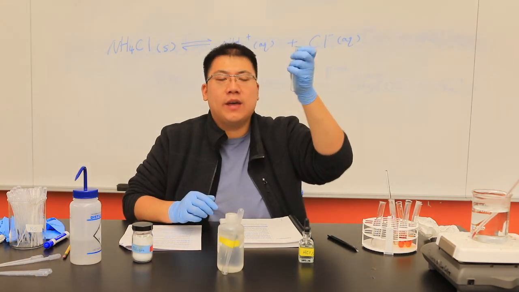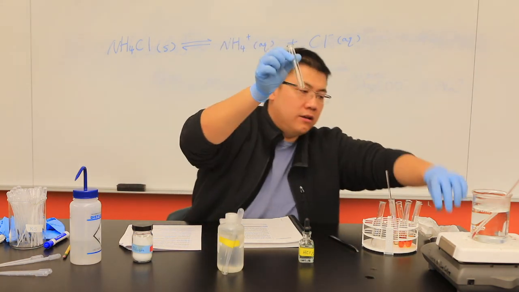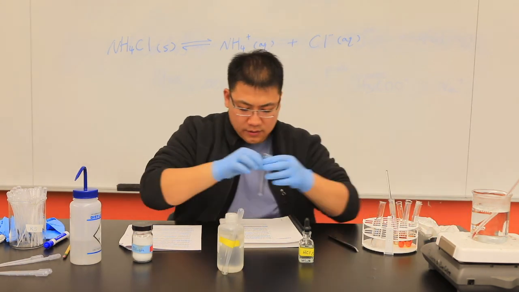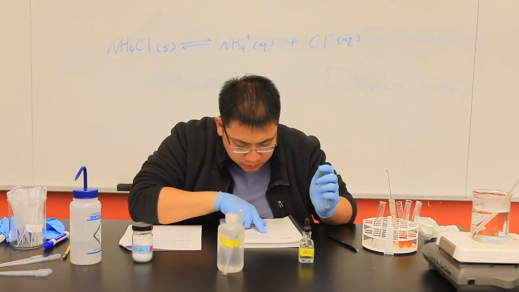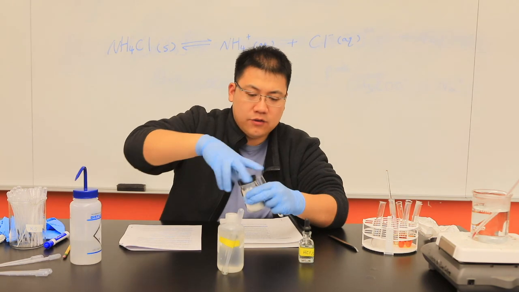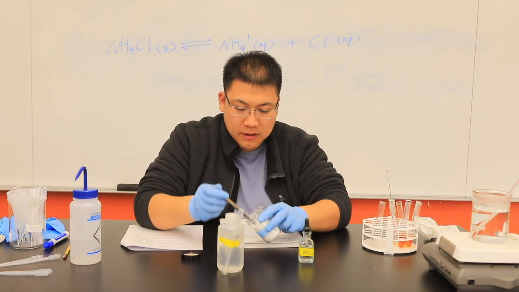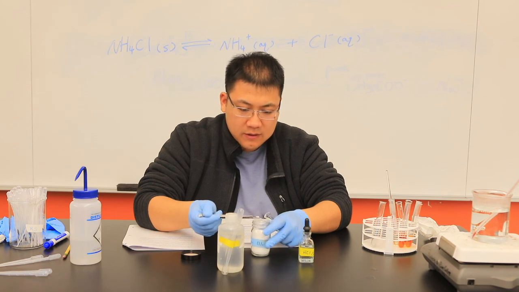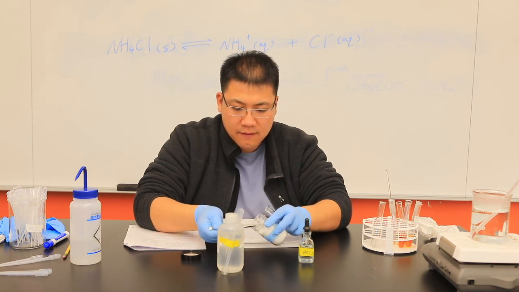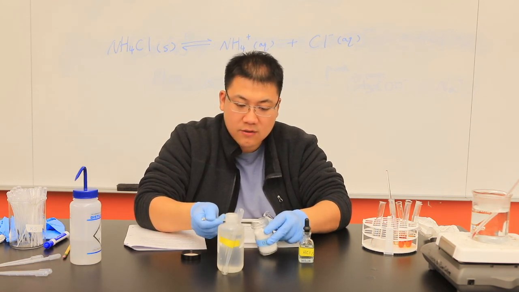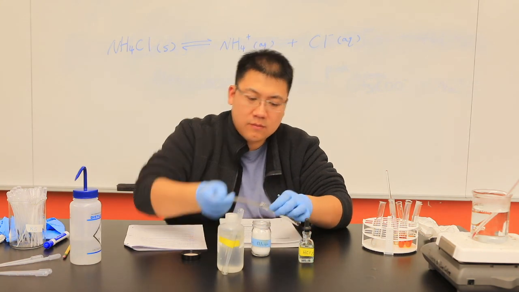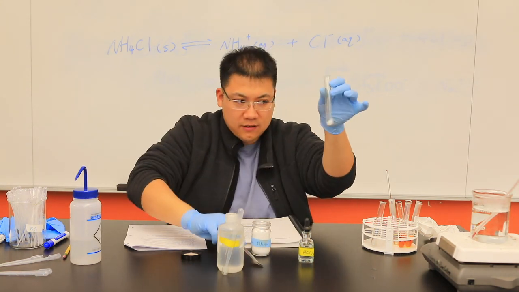I'm going to use a second clean test tube. Alright, I'm going to measure out a small amount of ammonium chloride salt to cover the bottom of the second test tube. Just like this.